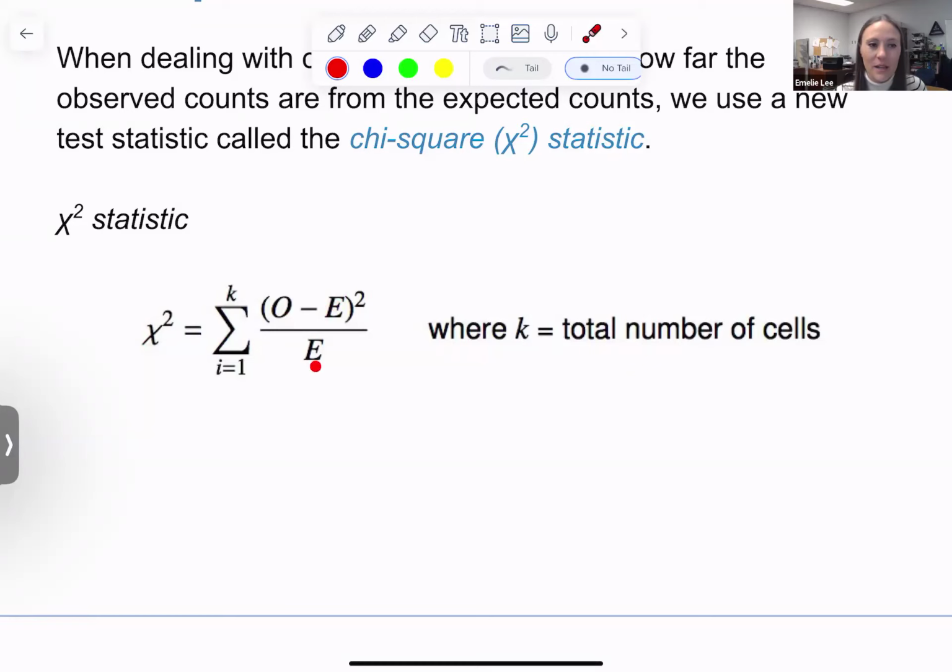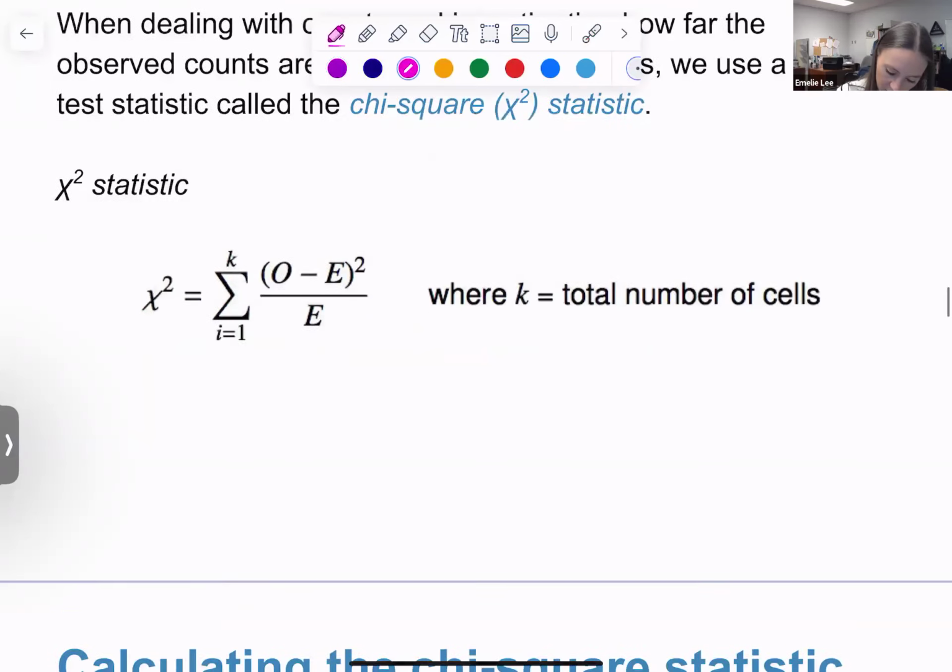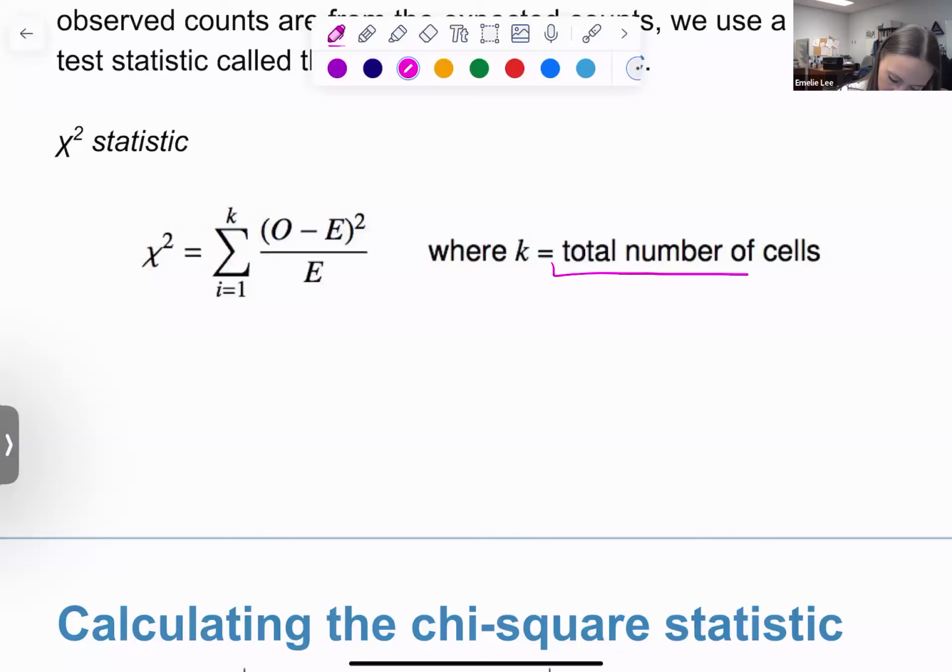And then we divide by the expected count. And just as a note, k is the total number of cells or categories. We need to know what k is because the shape of the distribution depends on the number of categories.